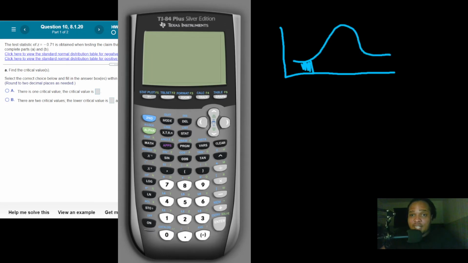We're going to have two of these tails. Now here's the tricky part. A two-tailed test makes things a little bit more mathematically tricky.